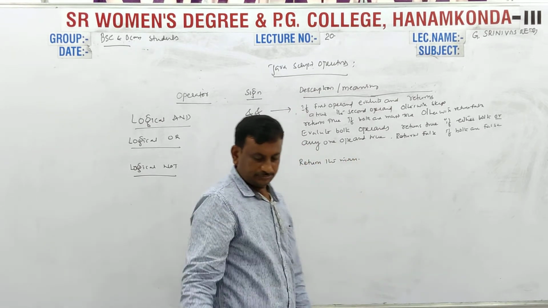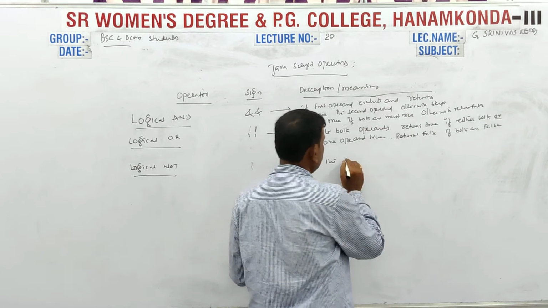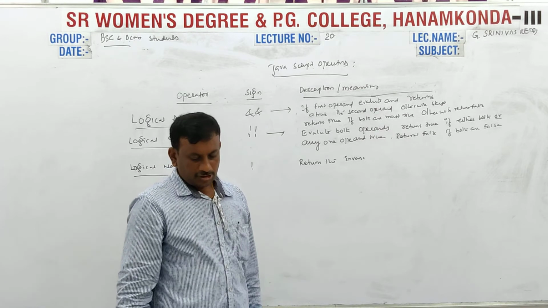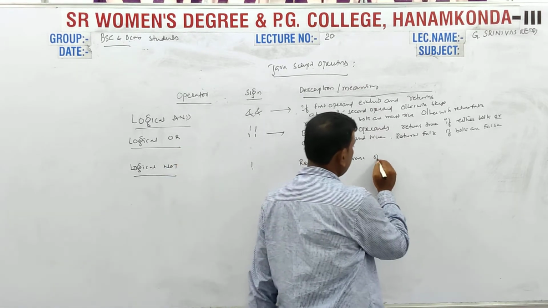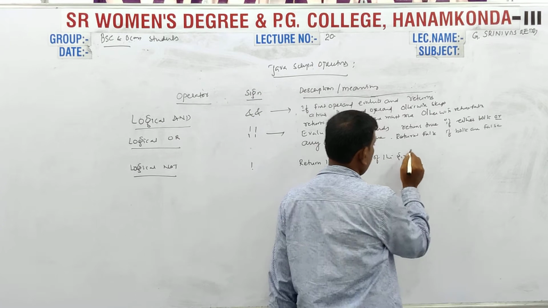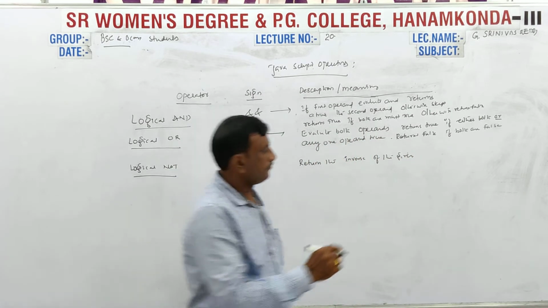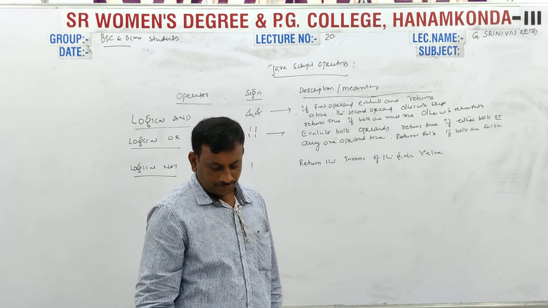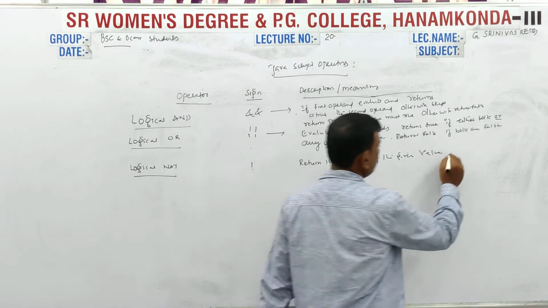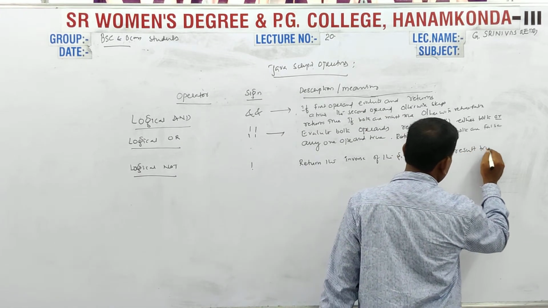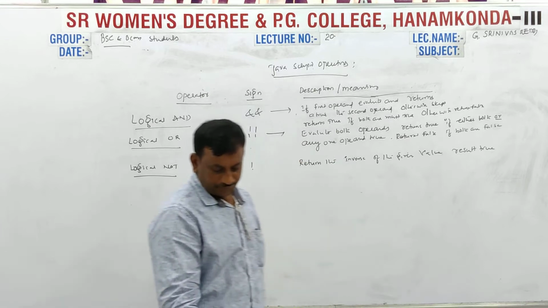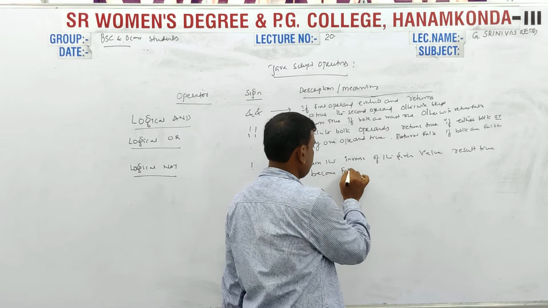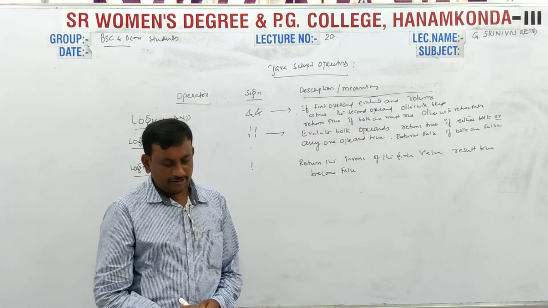Logical NOT: returns the inverse of the given value. A true result becomes false, and false becomes true.